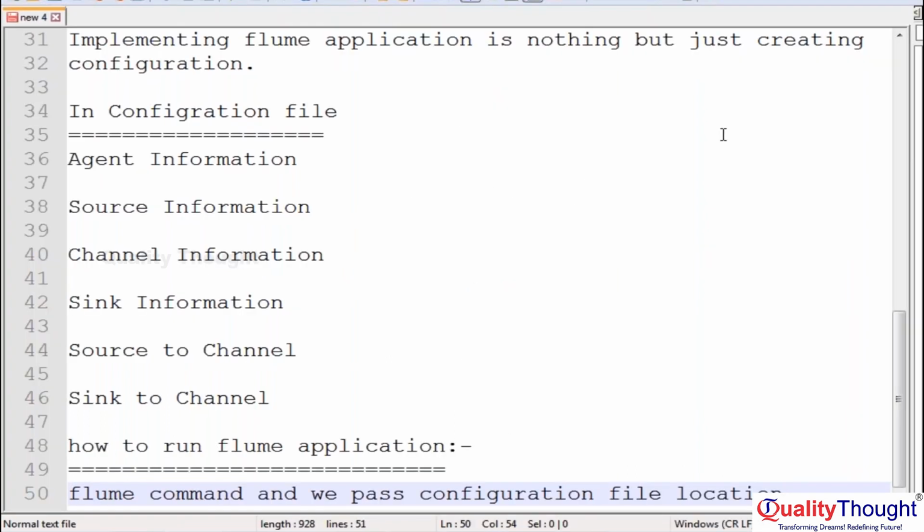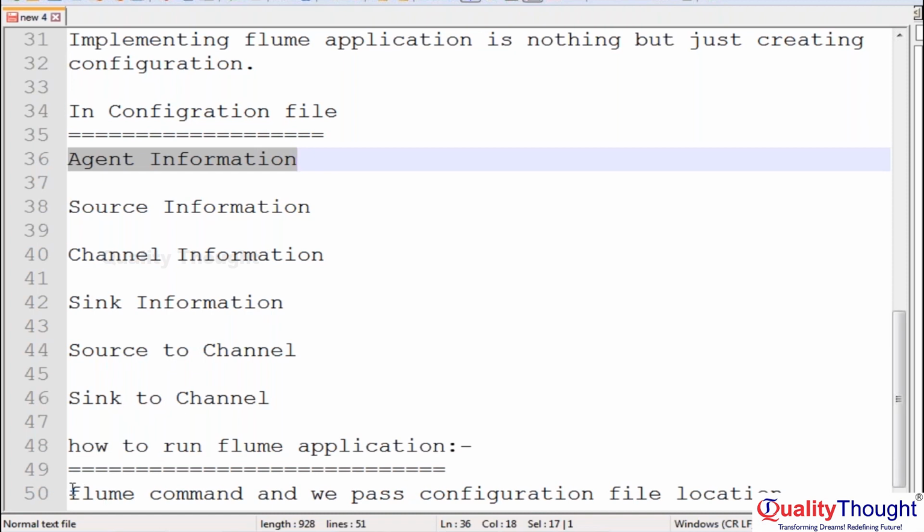Our development part is that we first create an agent. What is the agent name? Then the agent with source, agent with channel, agent with sink, and finally source to channel, sink to channel.